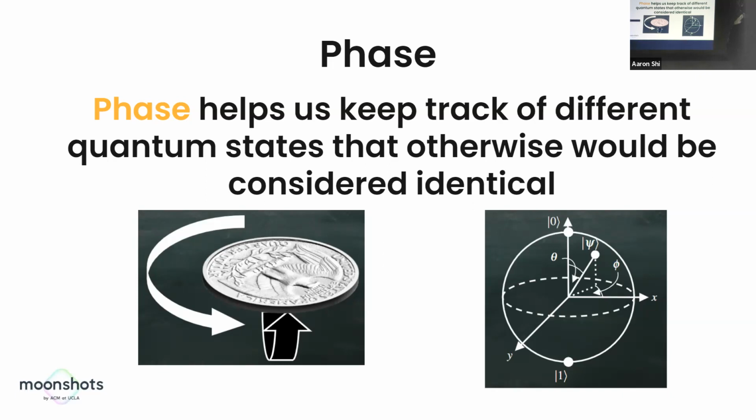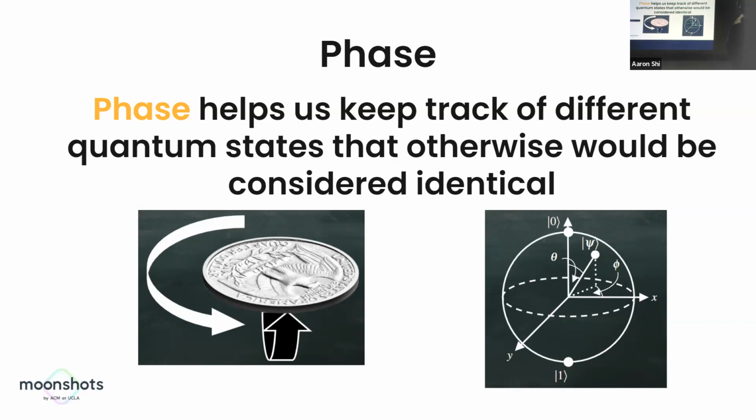So what this is: if I have quantum state 1 and quantum state 2, and I measure quantum state 1, and I measure quantum state 2, and mathematically I calculate that they're different, but if I measure them both an infinite amount of times and they're the same, then they're the same state. If you can wrap your head around that.